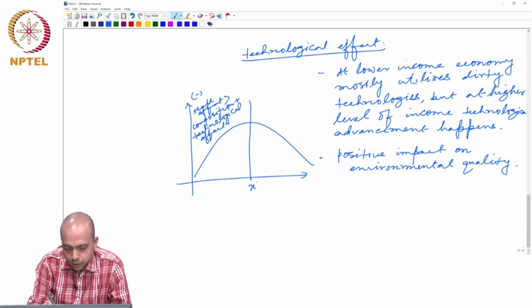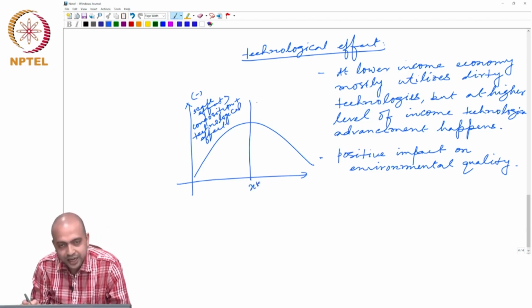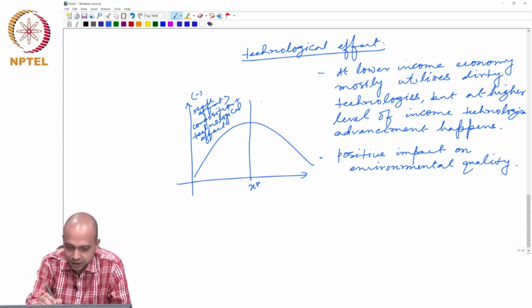And in the declining portion, when economy achieves a certain per capita level of income, what happens? Negative scale effect is lower than composition and technological effect.